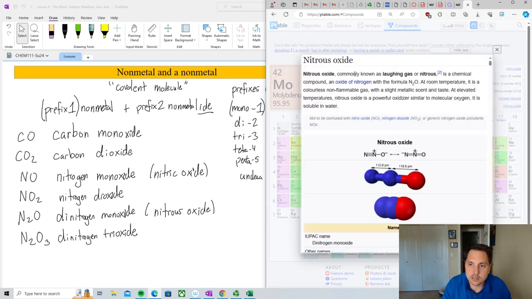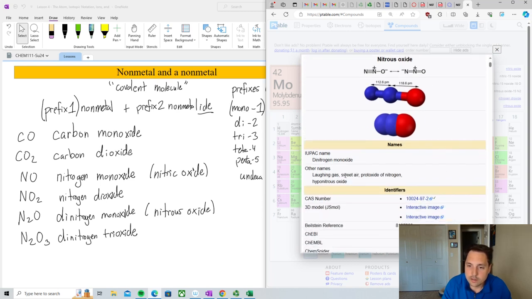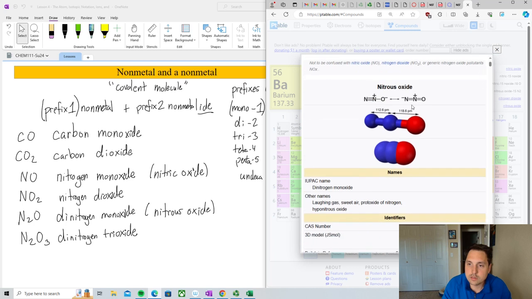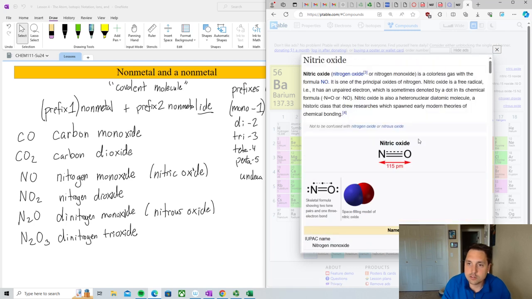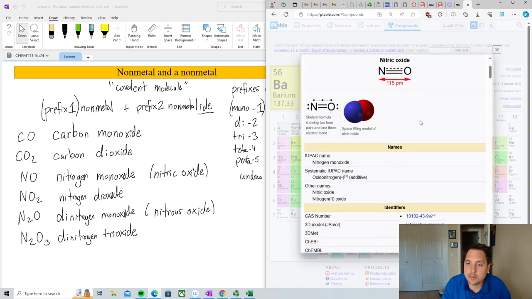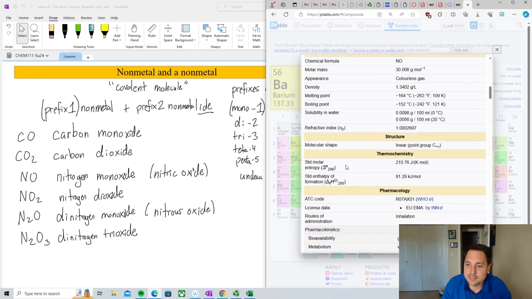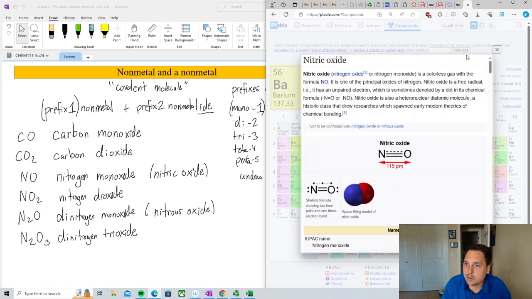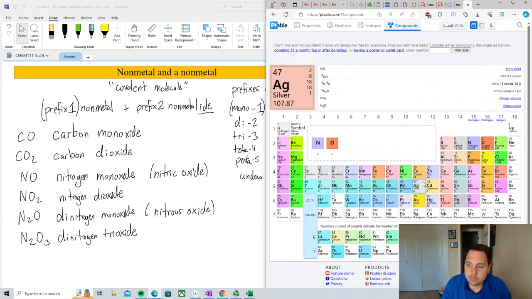Nitrous oxide is laughing gas. Sorry about that. You'll see the systematic name listed here as well, dinitrogen monoxide. Don't get it confused with nitric oxide. That's a colorless gas, a completely different compound. So that's a really great place to look and learn how to name compounds.